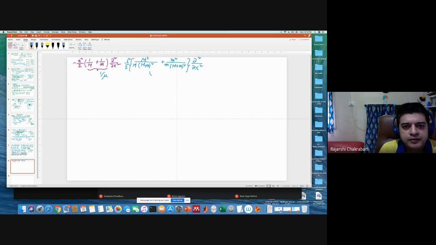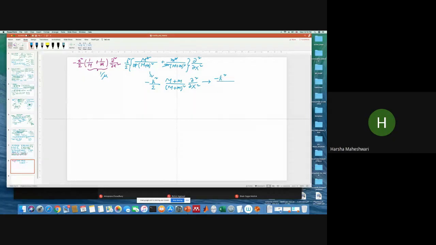And if I do this manipulation, this thing will cancel, this thing will cancel. What am I going to get? Can anyone tell me? 2 m plus m divided by m plus small m whole square. And this will give me what? 1 over total mass.